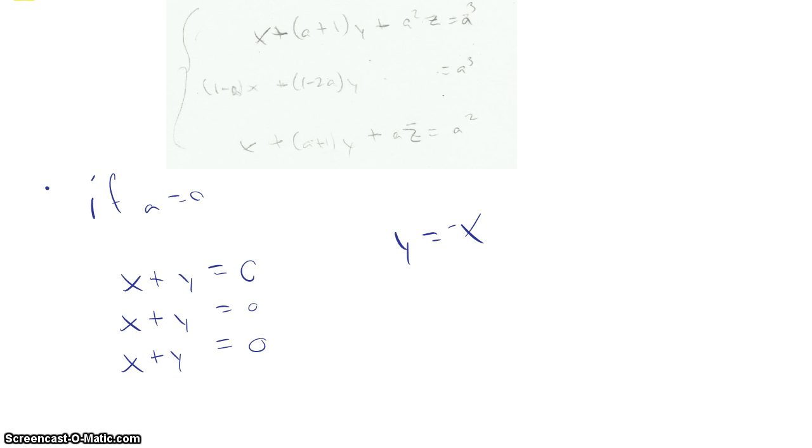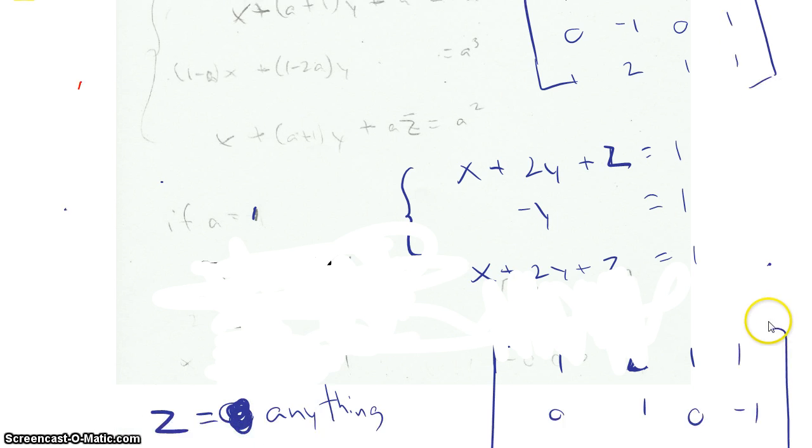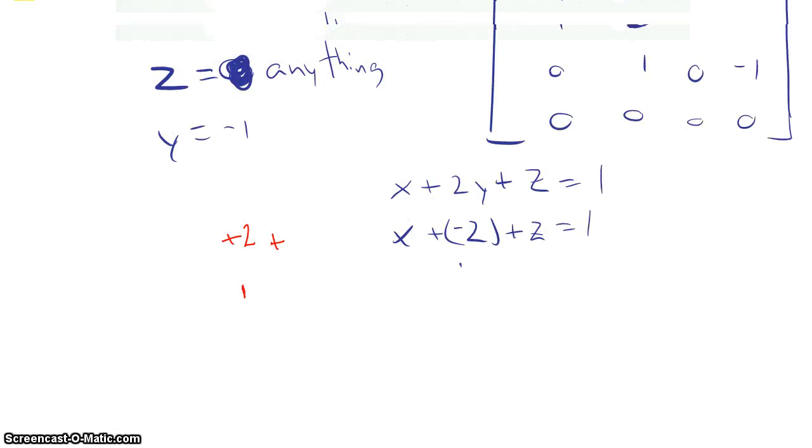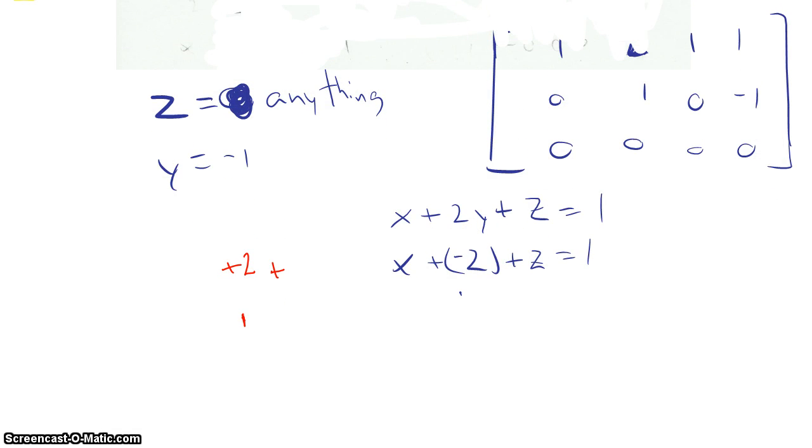So here you have y equals minus x, or x equals negative y, and then what was the other case? The other case I had where z could be anything, y equals minus 1, and then x changes depending on what z is.